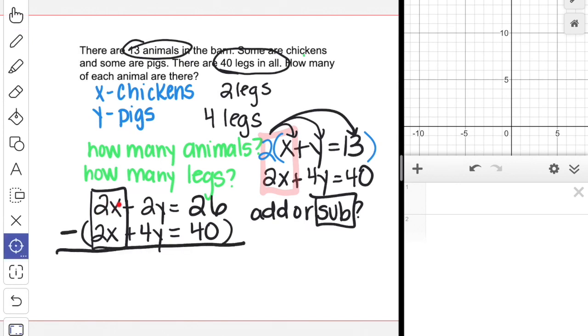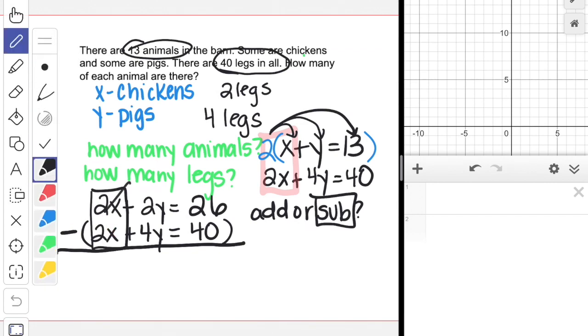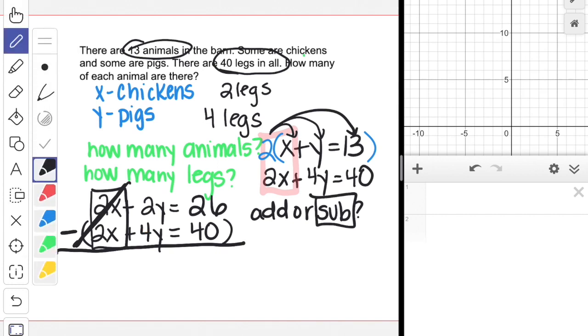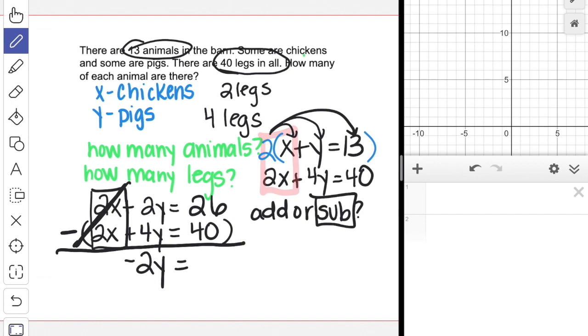So I have 2x minus 2x, and that is going to eliminate, so that goes away. Then I have 2y minus 4y, which is going to give me negative 2y. And then 26 minus 40 gives me negative 14.